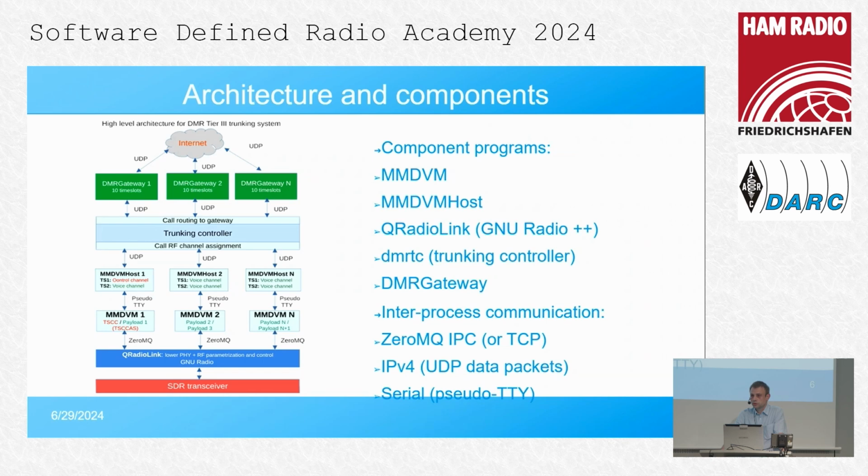And the communication between all these programs and processes is done using three different methods: 0MQ, inter-process communication pipes, which can also be TCP sockets if desirable, and of course, there's a lot of communication happening via UDP data packets over IPv4 or maybe IPv6 between the components of the system.